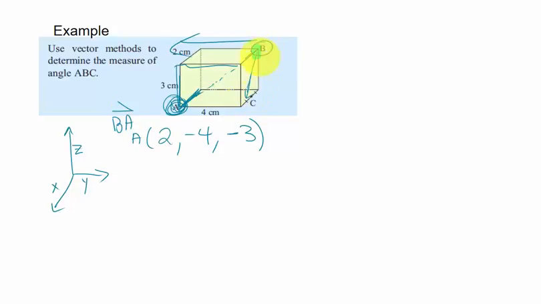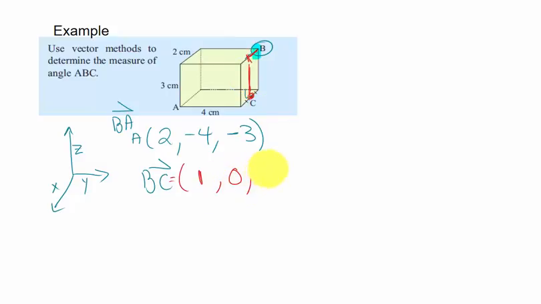Now we want to go to C as well, because we're trying to find the angle between BA and BC. So BC, we're going to go, let's see, half of 2 units, so like 1 unit in the x direction. And then we're not going left or right, we need to go actually directly down. So that means we have 0 and -3.